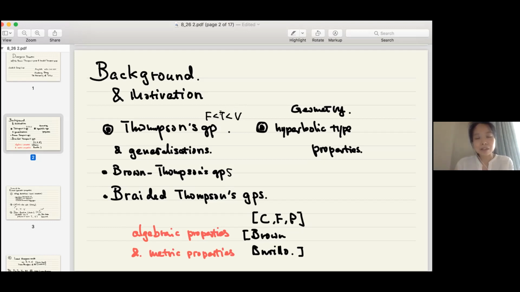And the two larger groups, T and V, are actually the first two examples of finitely presented infinite simple groups.